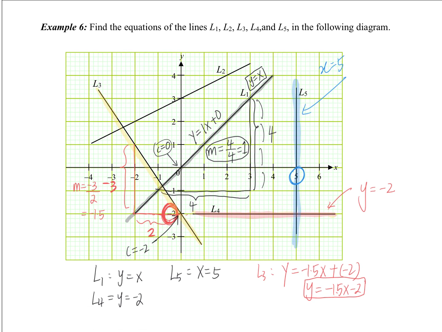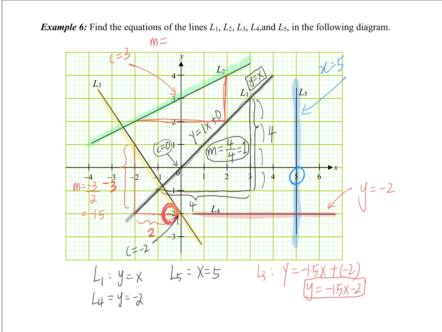Okay, one final line. The green one. First of all, what is the y-intercept of this line? It cuts at 3. So the y-intercept is 3. I just need to calculate my gradient by forming a triangle.